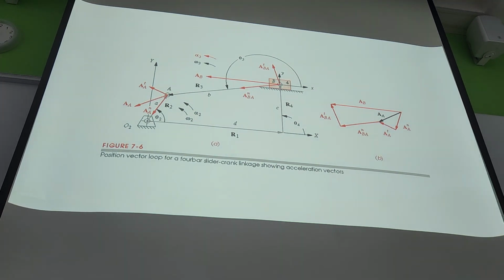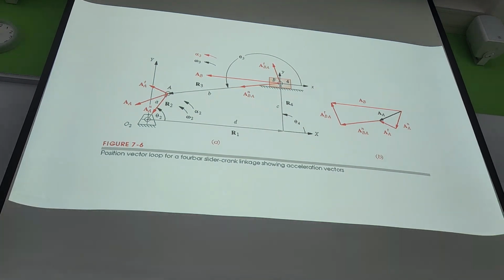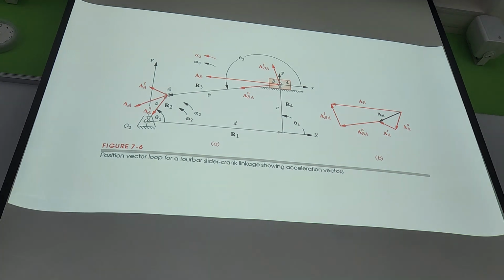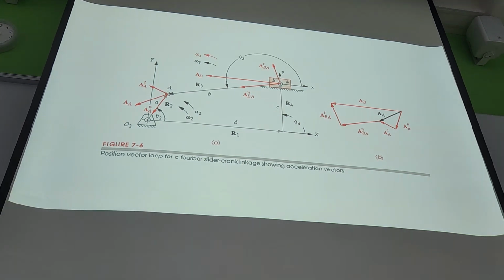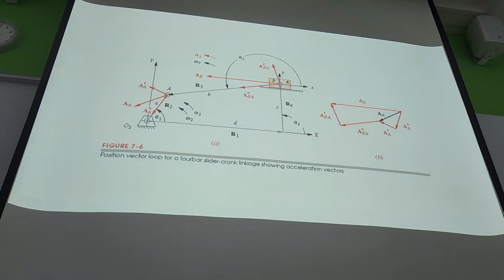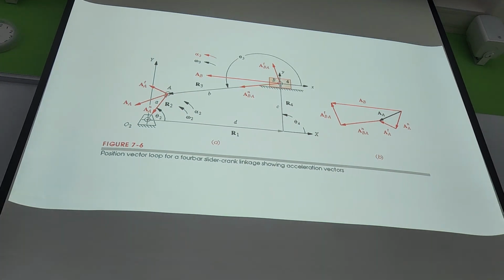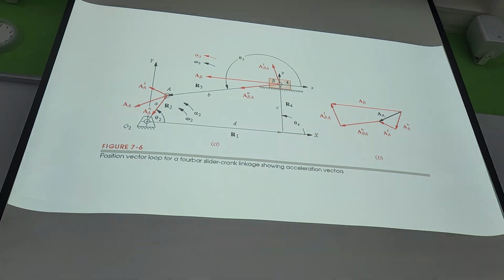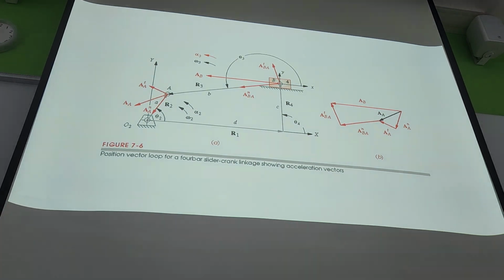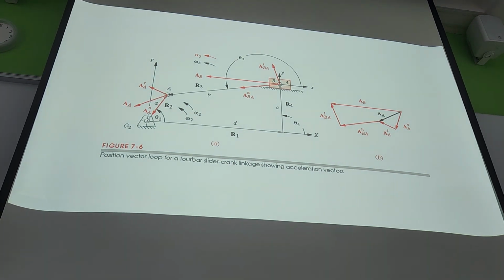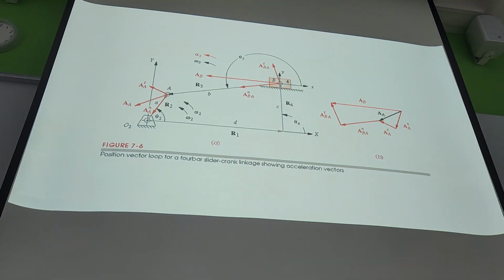Now from the tip of this, you need to draw BA normal, then you only know the BA tangent direction. For BA tangential, we know the direction but you don't know the magnitude. That is what you can find out from here.